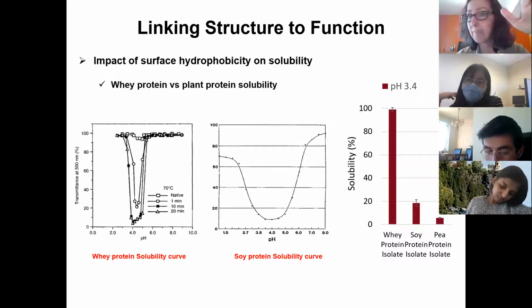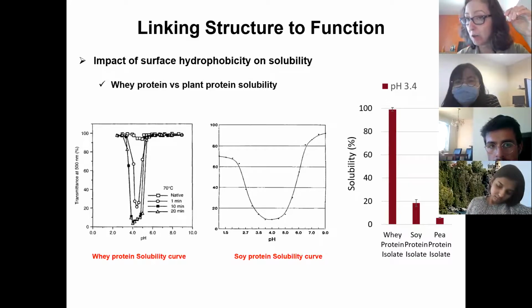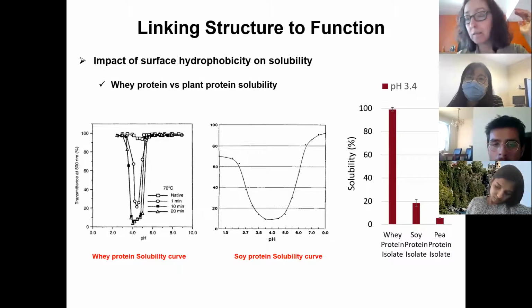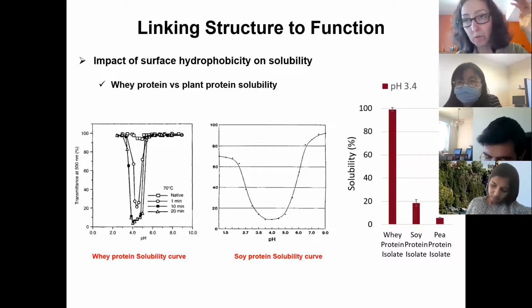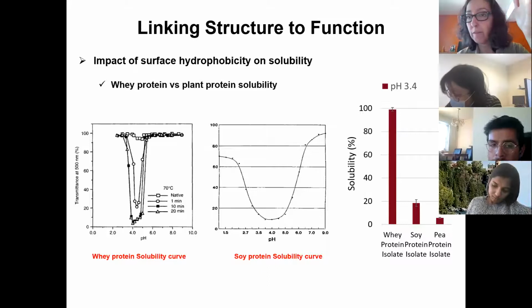Whey protein, 100% soluble. It does have a short shelf life though, because over time it's pasteurized, 5% protein, it will aggregate over time. But at the initial production, you have 100% solubility.